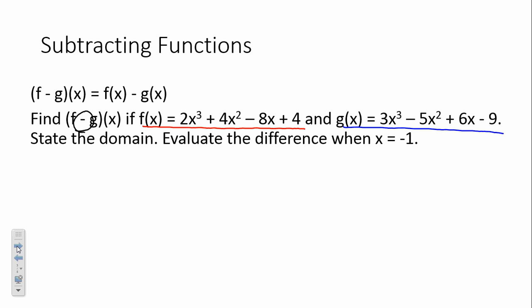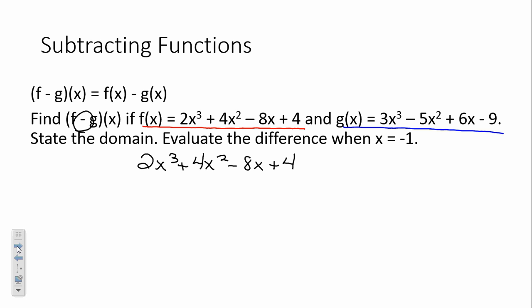Let's rewrite them, right? 2x cubed, 4x squared, minus 8x, plus 4. And I like to put the like terms beneath the other ones, right? Okay, let's put the like terms below it.